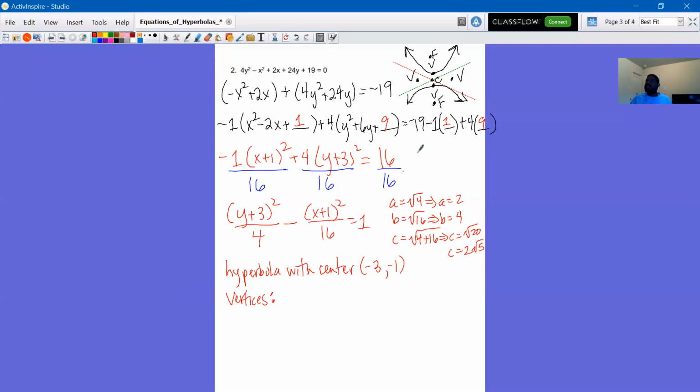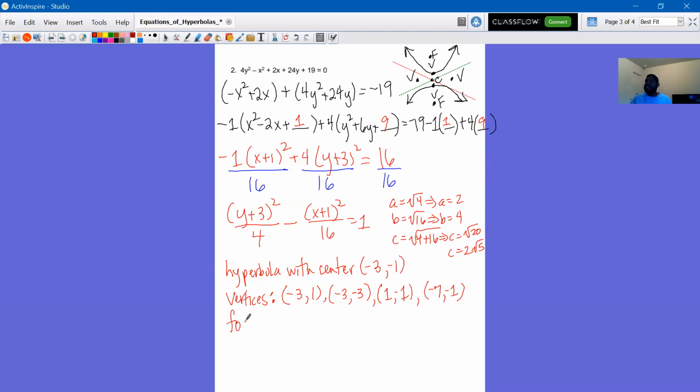Because this opens up and down, I'm going to add a to the y coordinate of the center, so I have -3, 1. Then I subtract a from the y coordinate of the center, which gives me -3, -3. Then I add b to the x coordinate of the center, which is 1, -1, and subtract b from the x coordinate of the center, which is -7, -1.